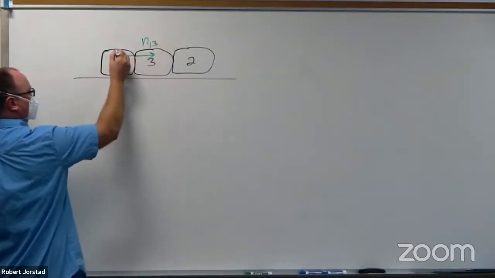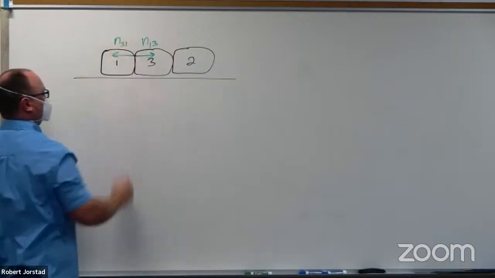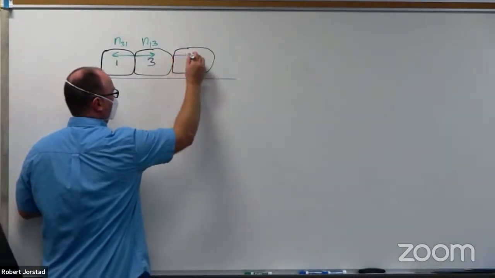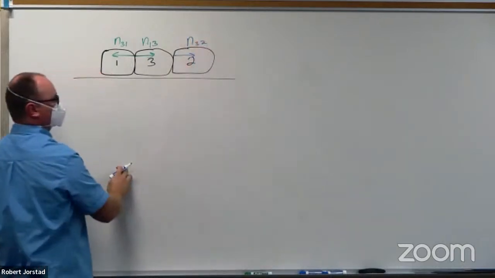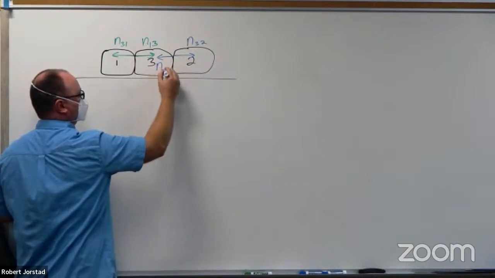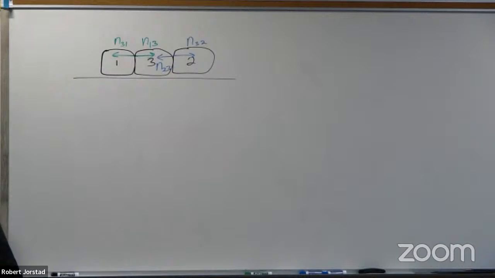And pushing backwards, whether it's accelerating or not, there's going to be normal force 3 on 1. Similarly, there's going to be a normal force of 3 on 2. And pushing back the other way is a normal force of 2 on 3. Everybody okay with the normal forces between the blocks?